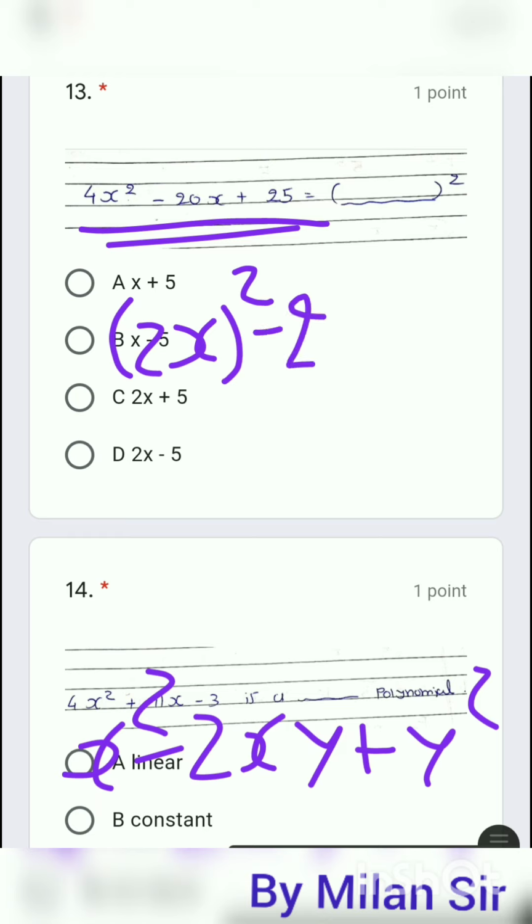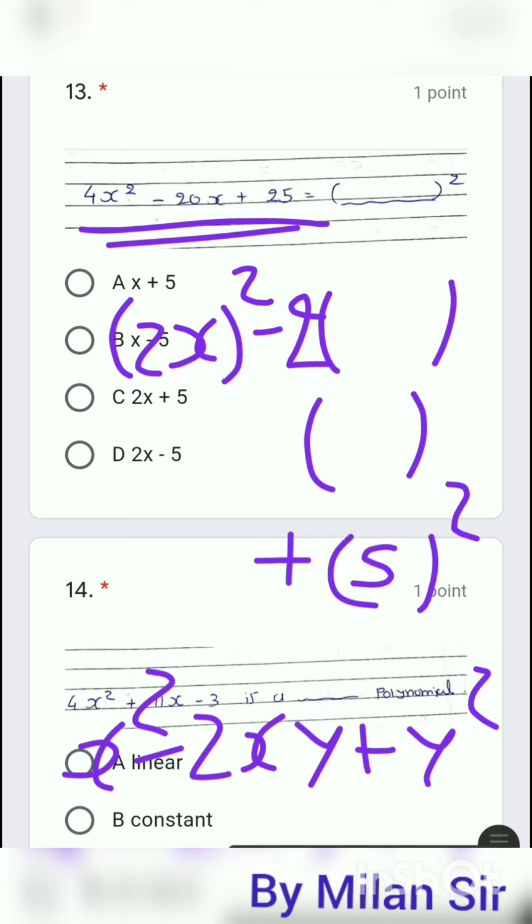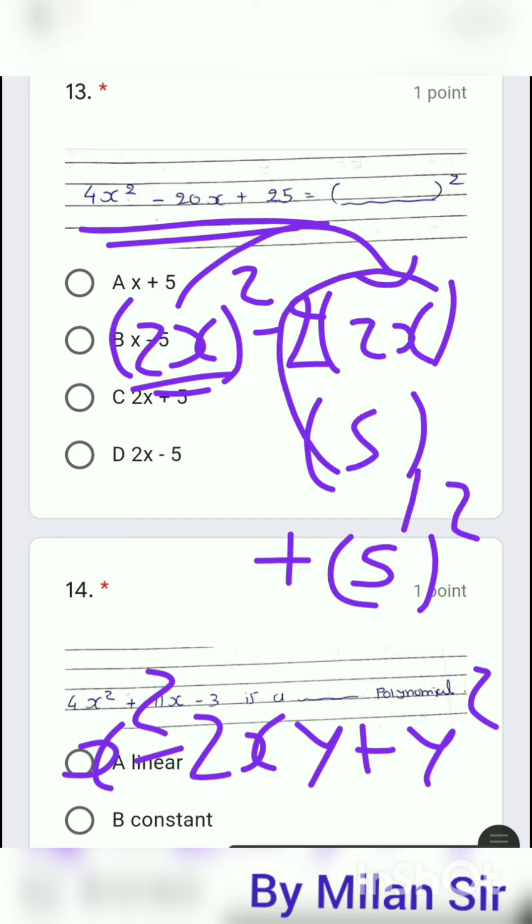After that 2 into first bracket into second bracket plus 25, that means 5 all square, right? Now we write the first bracket here, 2x, and the second bracket here, 5, and we need to check 2 into 2x into 5 is 20x, which is there, so our setup is correct.